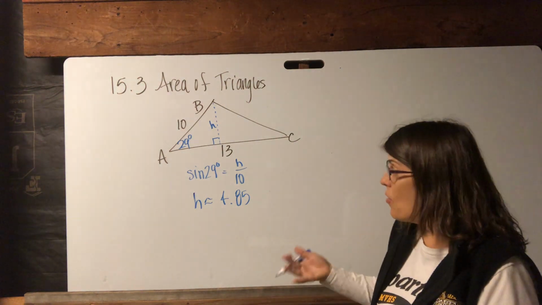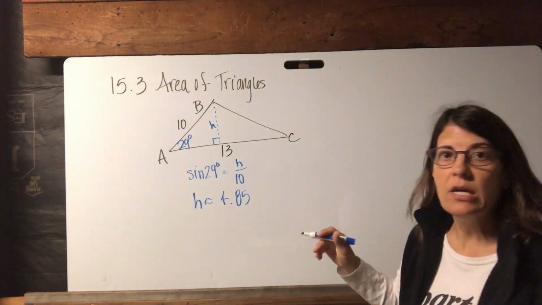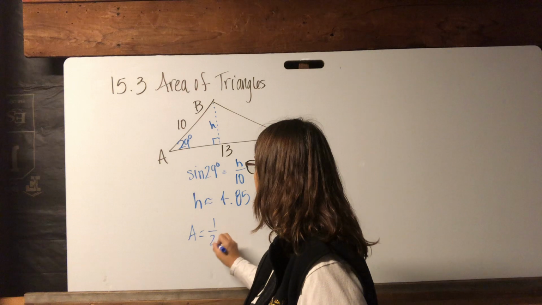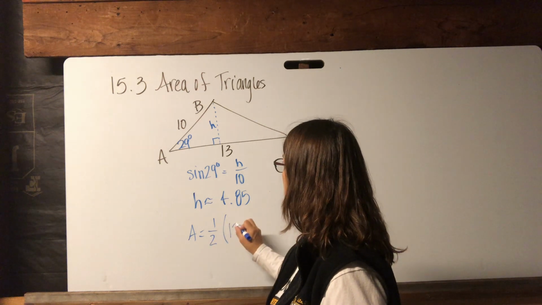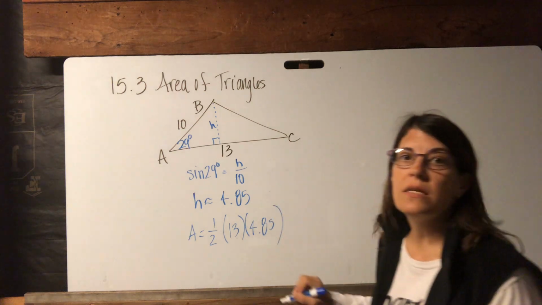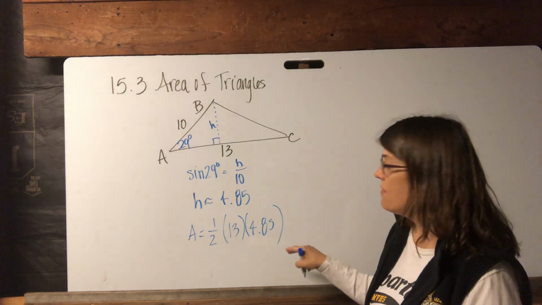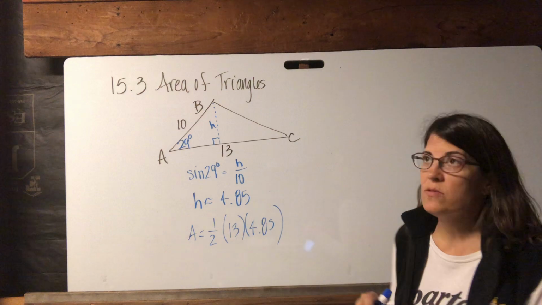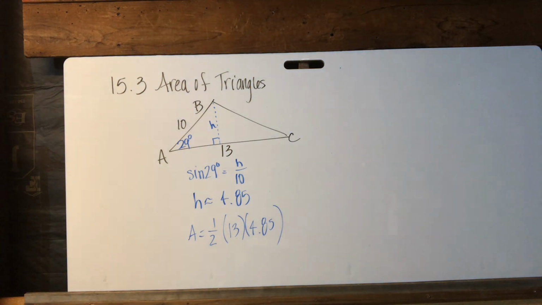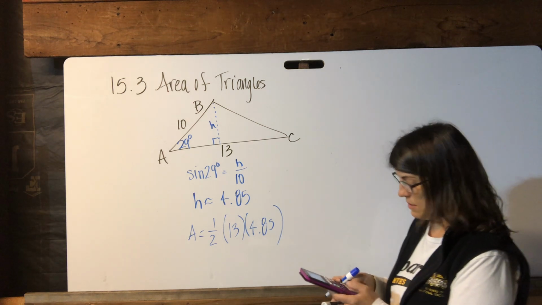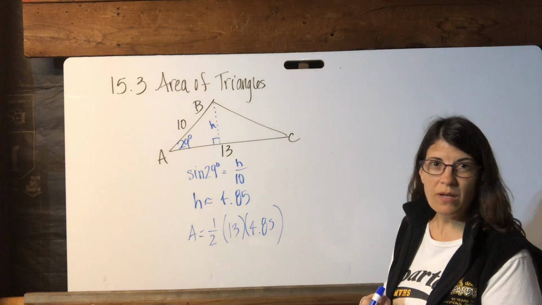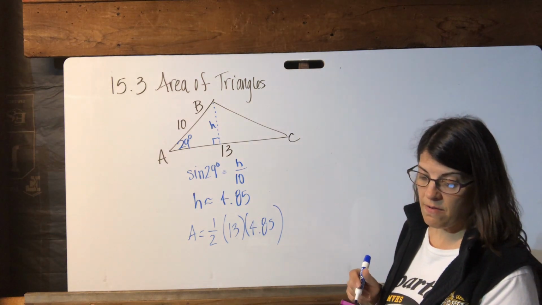Now I can find the area of this triangle. The area is 1/2 the base, which is 13, times the height, which is 4.85. That gives me 6.5 times 4.85, which is 31.51 square units.